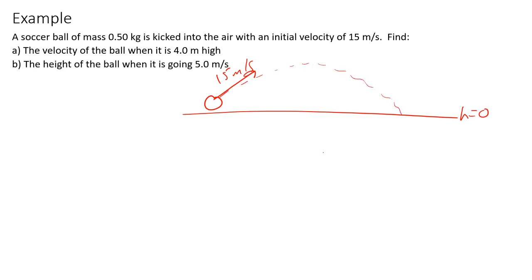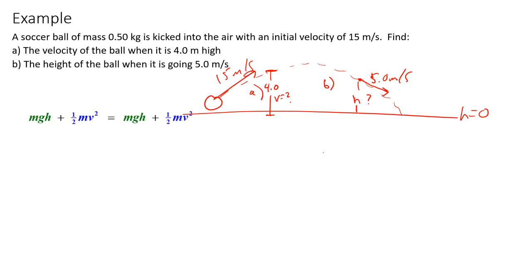Part A is asking, when this height is 4.0 meters, what is the velocity? Part B is saying, if it's at this point, it has a velocity of 5 meters per second, what is this height? Okay, so two different questions, but the same kind of situation.